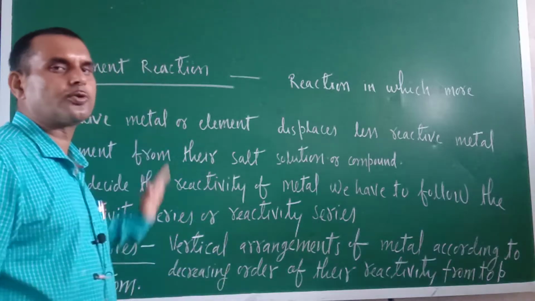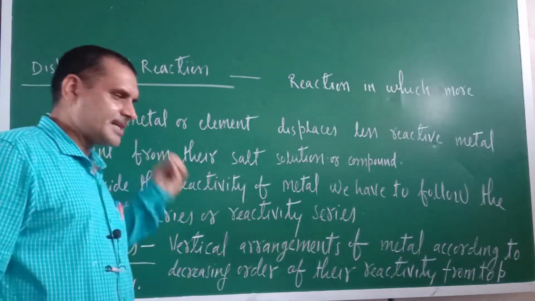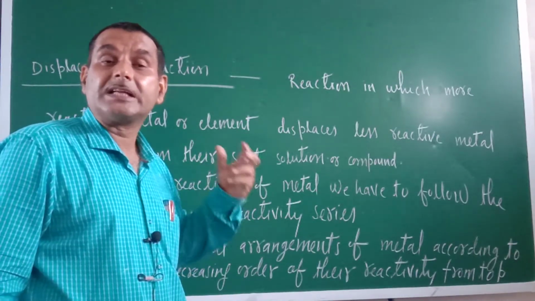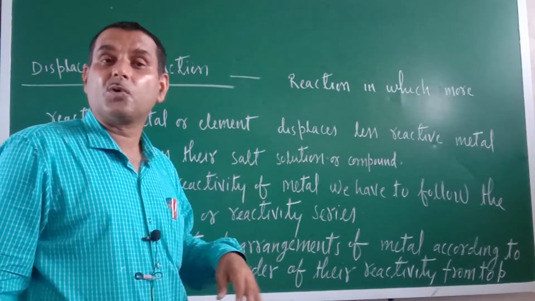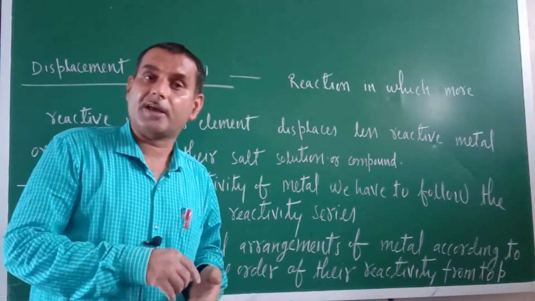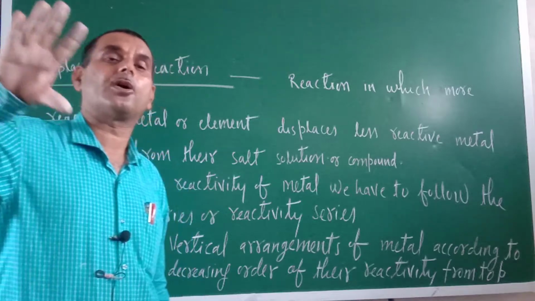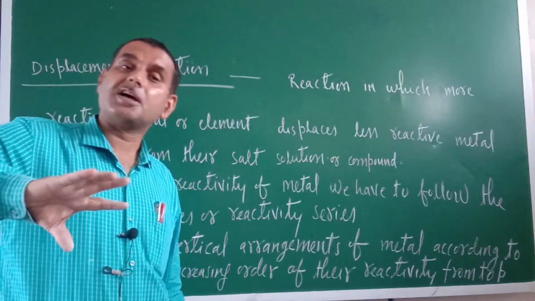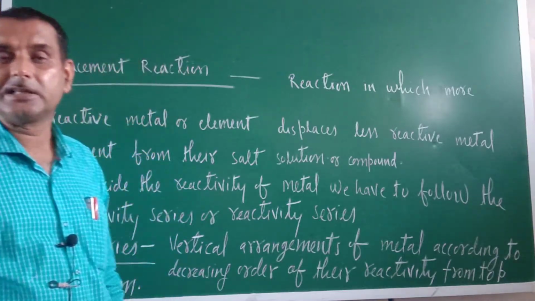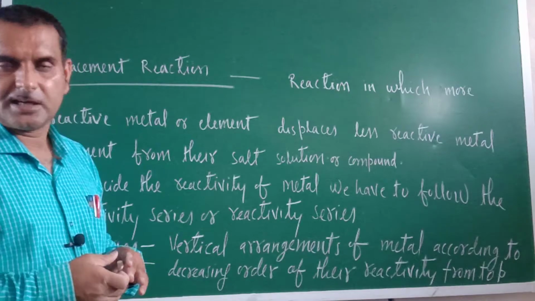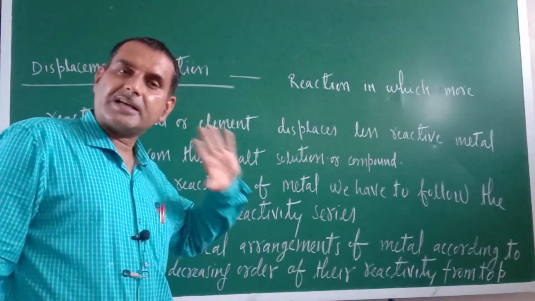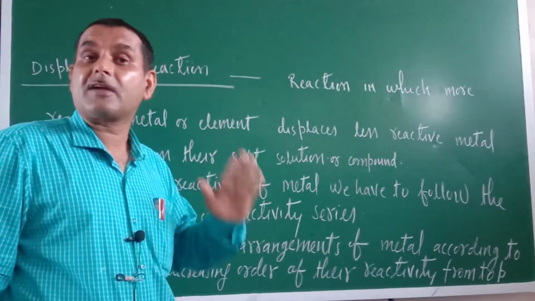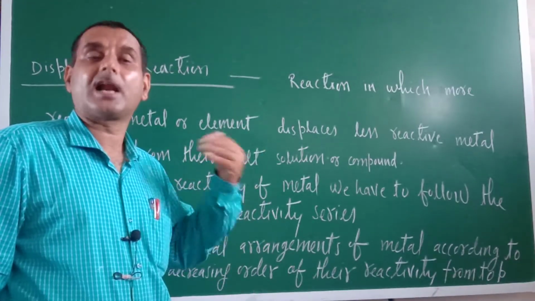Don't worry, I will give you so many examples. But the basic question is, how will we come to know the reactivity of metal, which metal is more reactive, which metal is less reactive? In 9th class you already got the idea of valency, and this year all your doubts will be cleared because the periodic table is in your syllabus, and by studying it you will easily come to know which group or kinds of elements are more or less reactive.